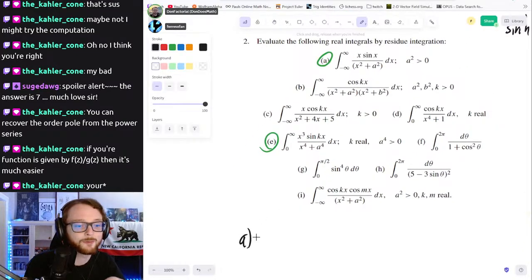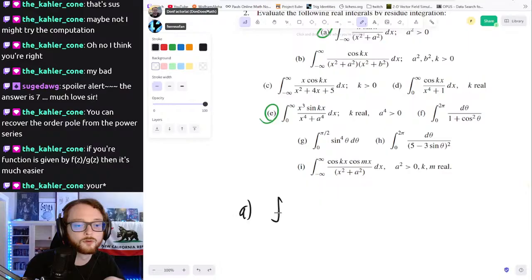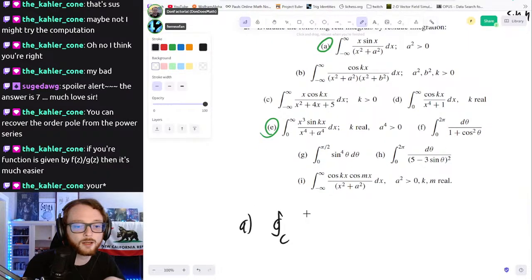Yeah, rational functions are a lot easier to work with, it seems. So if we do the upper half circle, wait a second, x squared plus a squared.